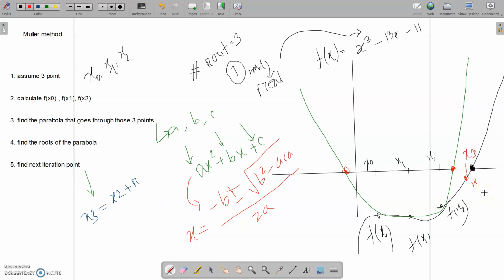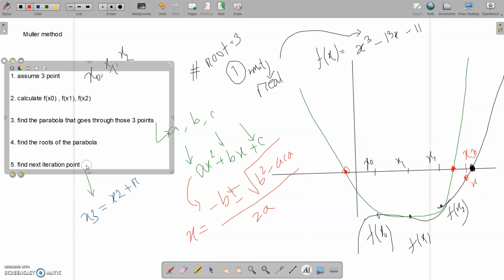Okay, so once I find the next iteration point, I'm going to calculate step 6, calculate error. What is the error? The approximation error.